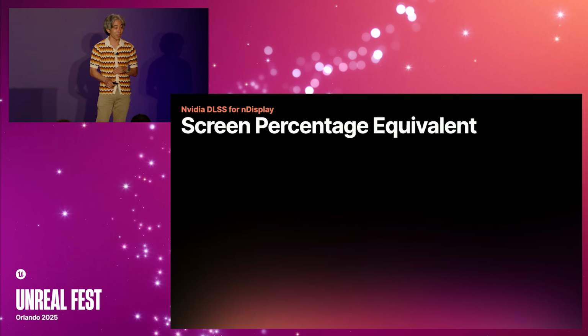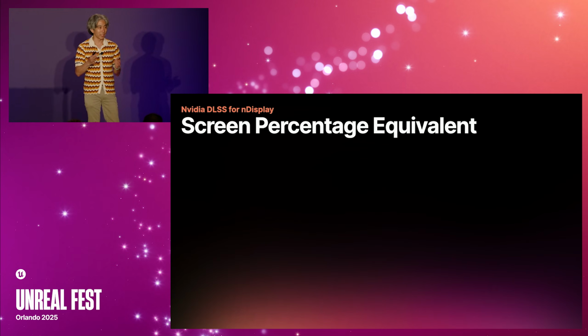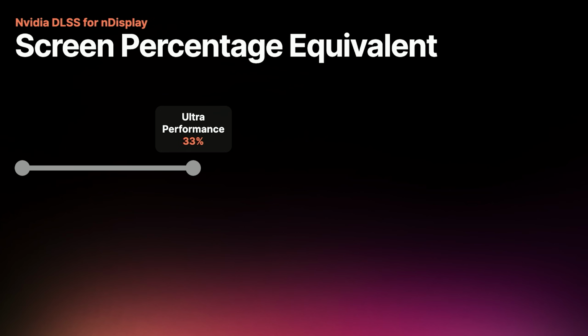Another thing to be aware of for operators is that people are generally pretty accustomed to manipulating screen percentage to tweak quality versus performance, and that's still going to be the case with DLSS, but they now use these names, right? So the named quality settings for DLSS equate to screen percentage equivalents in Unreal, right? So the ultra performance option is 33%.